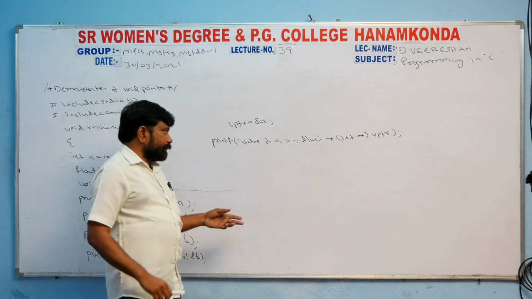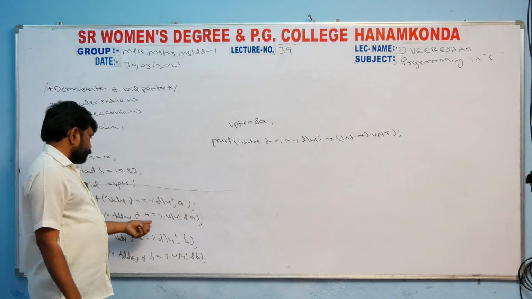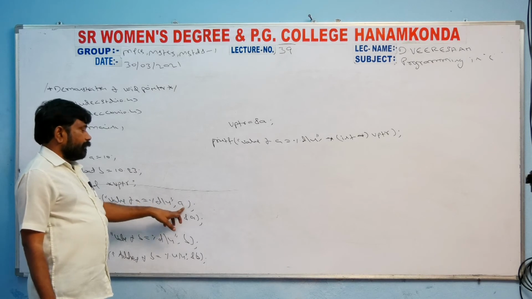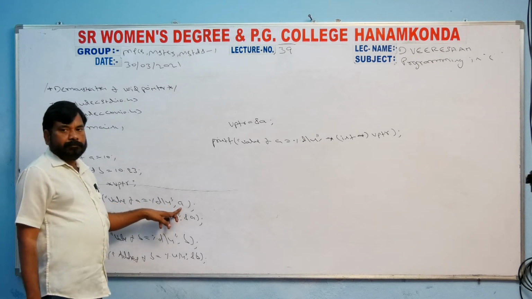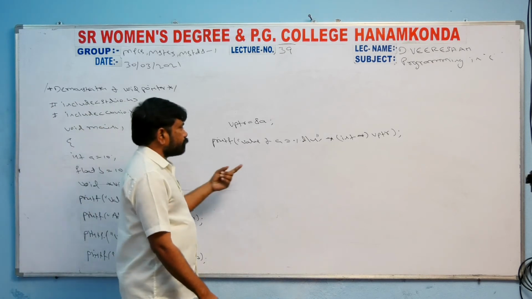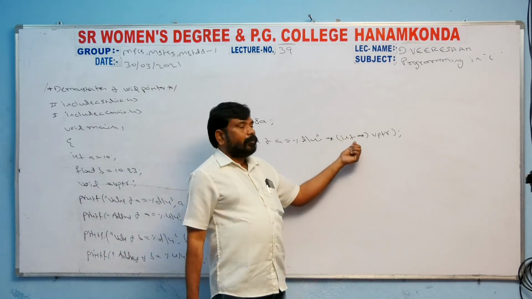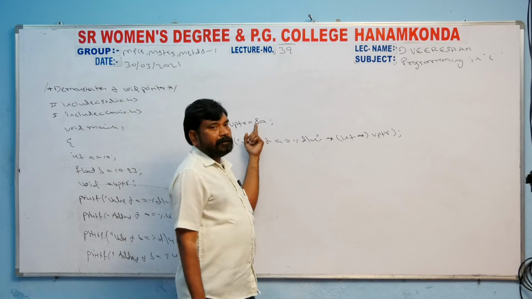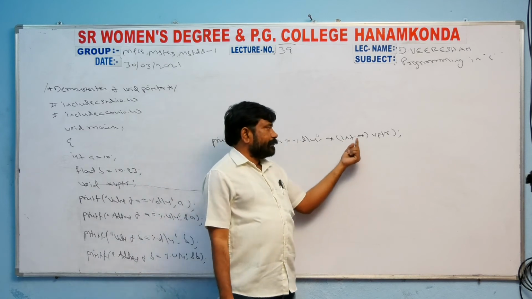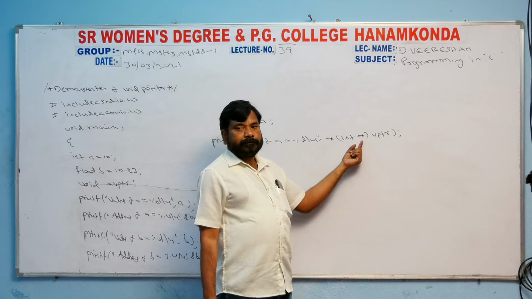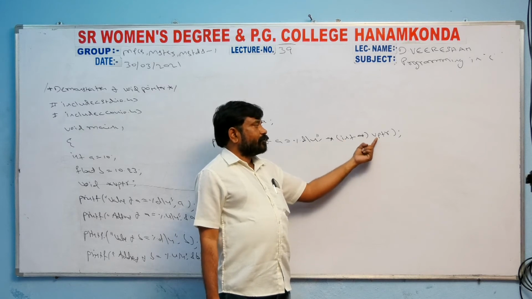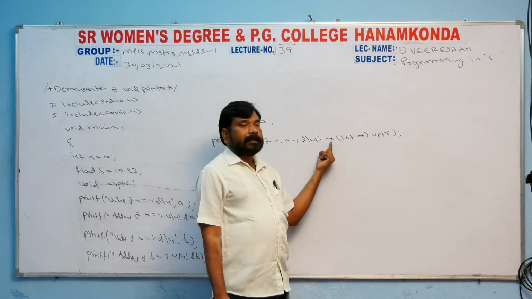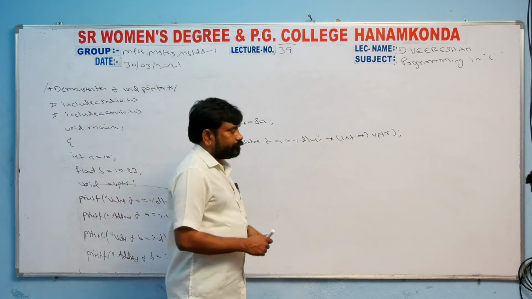So in the previous case, simply I was outputting C with %d \n. Just I am mentioning the variable name. Is it right or not? But here I am prefixing with the data type. So which type of data am I going to store in this? Integer. So for that I am saying integer. Then from which variable am I going to print? Void pointer. So for that I am using star. Okay.